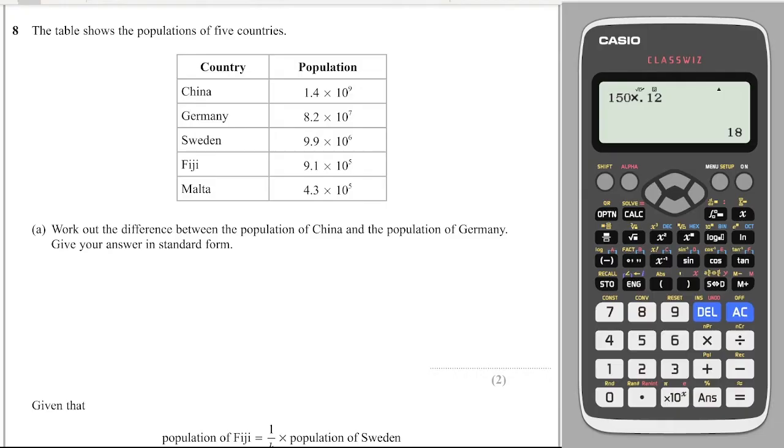The difference in population between China and Germany, well, let's just have a look, China and Germany.